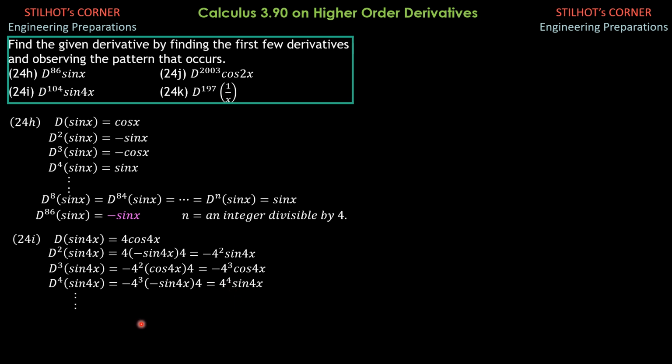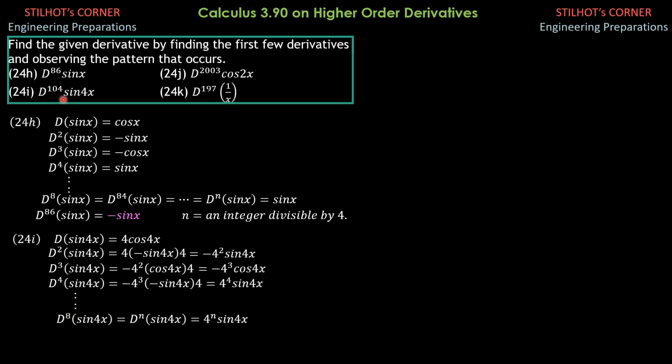So we conclude that the 8th derivative of sine 4x is 4 to the 8th sine 4x. In general, the nth derivative of sine 4x is 4 to the n sine 4x.